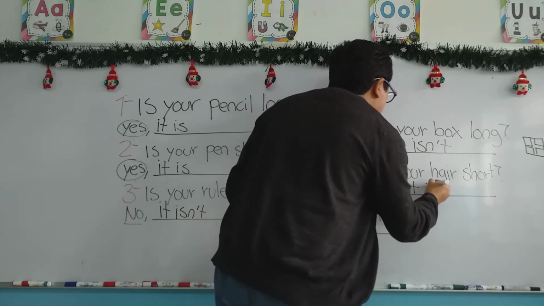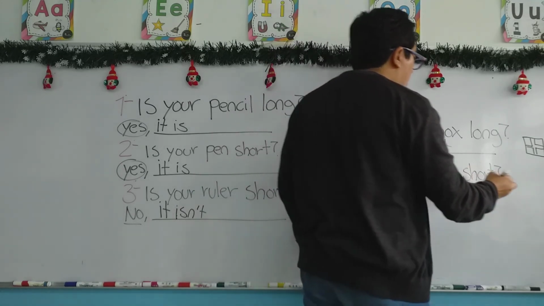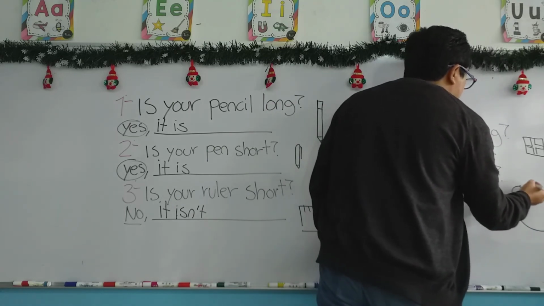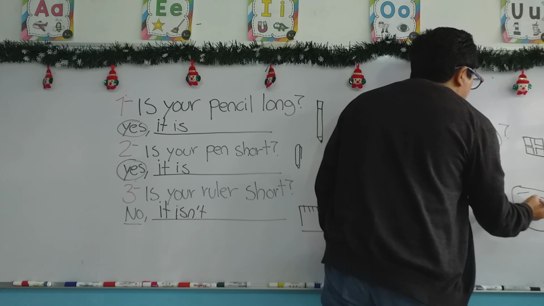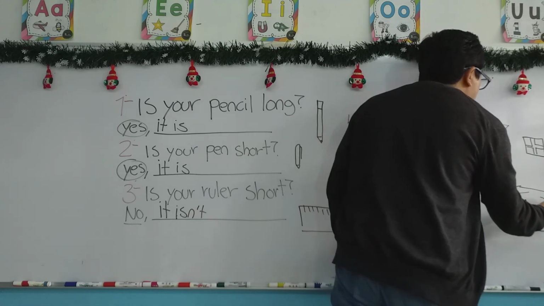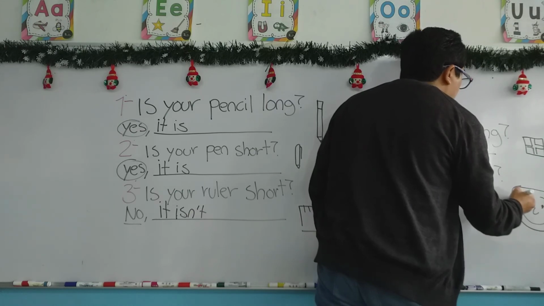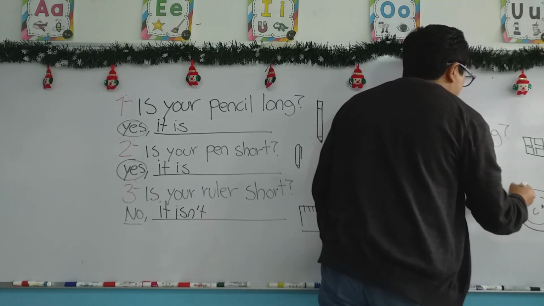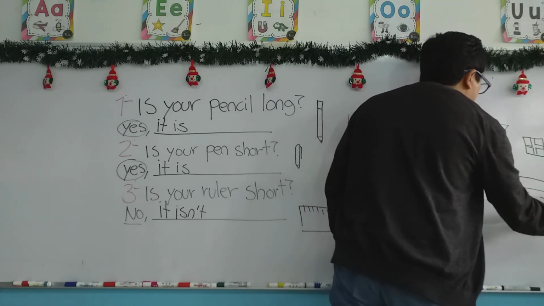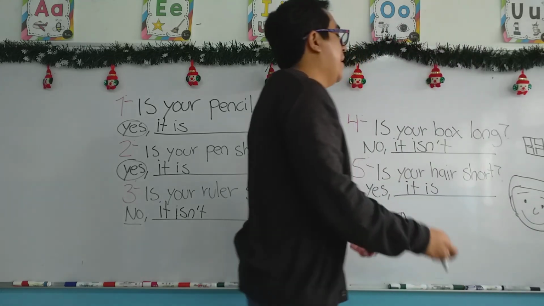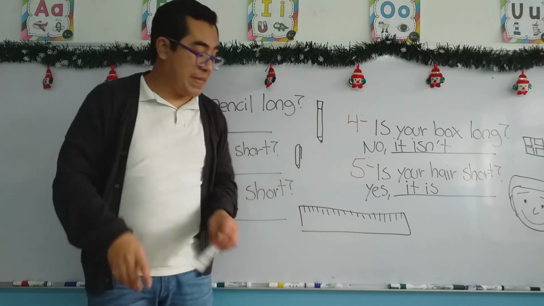It is. So, we draw a head, a face, eyebrows, eyes, nose, mouth, ears, and short hair. Okay? Very good. That's it.